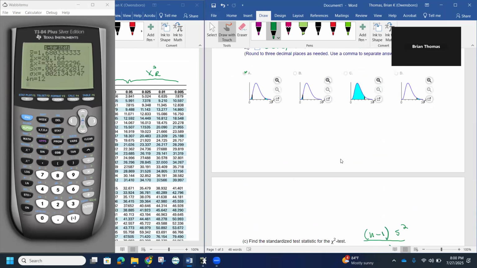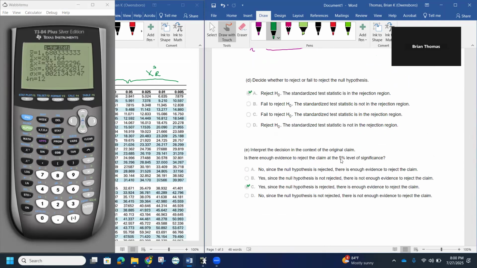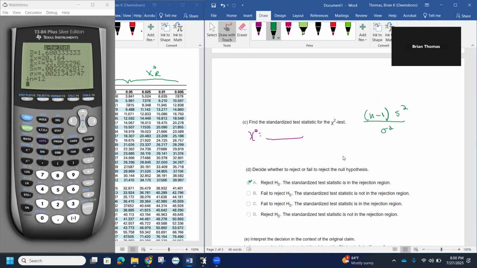I'm sorry, our population standard deviation was 0.004, but to get the population variance, we'll have to square that. The degrees of freedom is the sample size minus 1, so it's going to be 11.